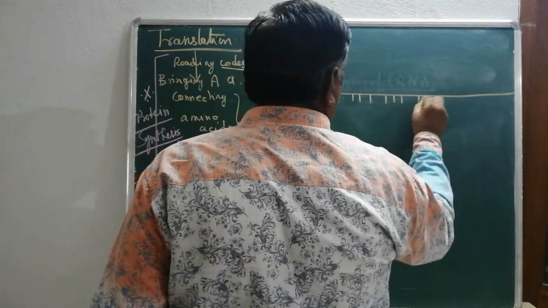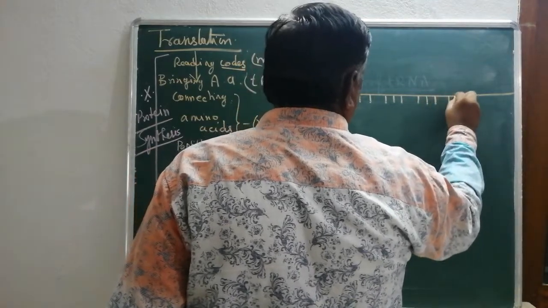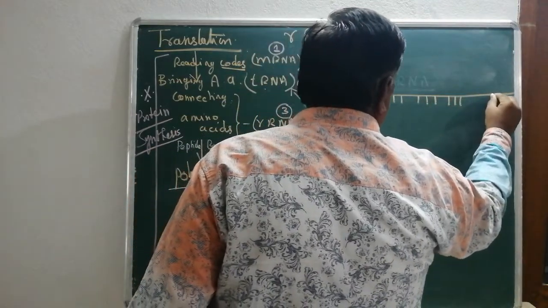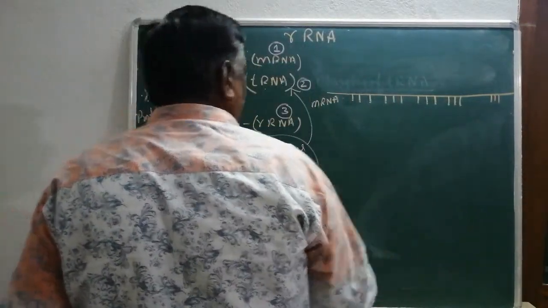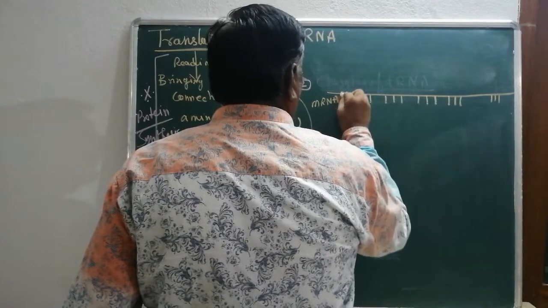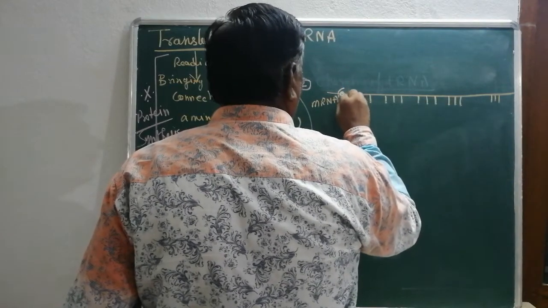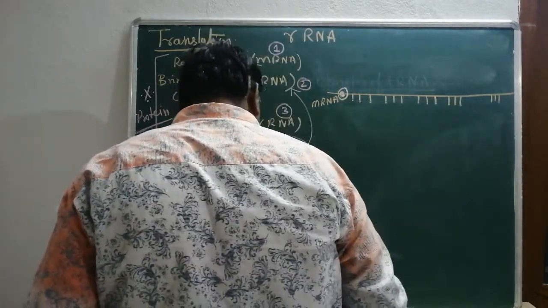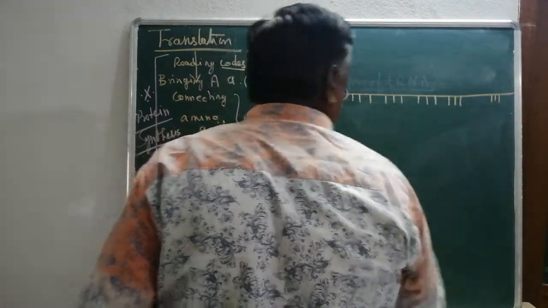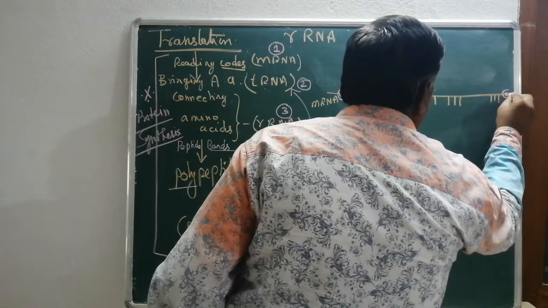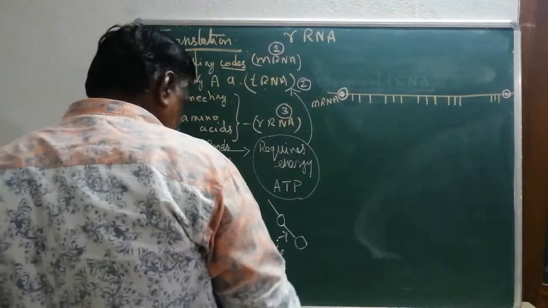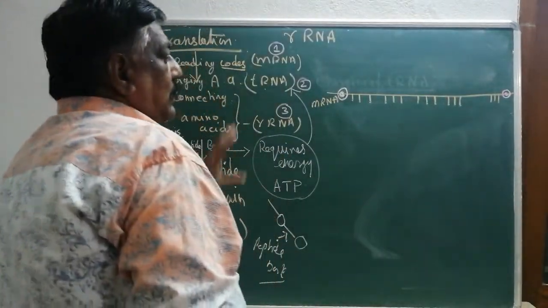I will select some two or three codes very specifically. I will explain all these things. Okay. Now this is mRNA.